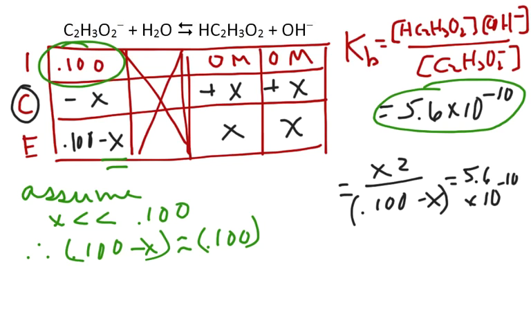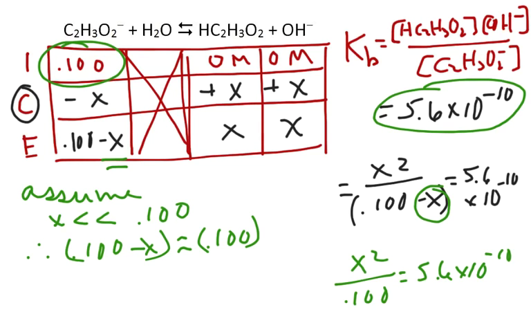So we go back to our equation and we can pretty much just leave out that minus X. So we end up with X squared over 0.1 is equal to 5.6 times 10 to the negative 10. And if we multiply both sides by 0.1, we get X squared equals 5.6 times 10 to the negative 11.